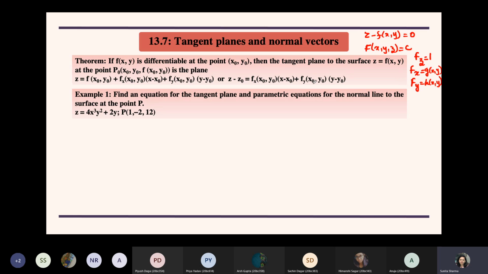That is why there is no need to substitute the value of z in these partial derivatives, because they will not contain any term of z, and the partial derivative with respect to z will be 1. So we did not substitute anything. That is how we can reduce the previous formula for the equation of the tangent plane to this one. So you can directly use it.